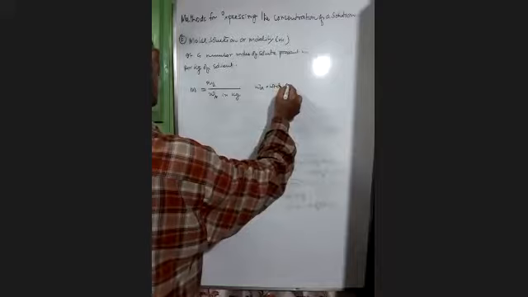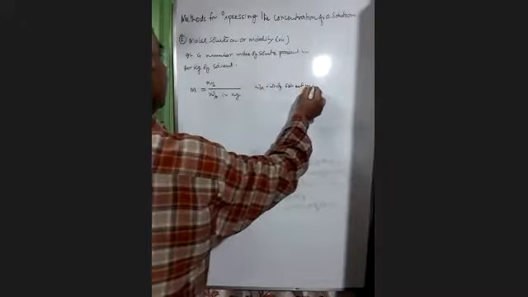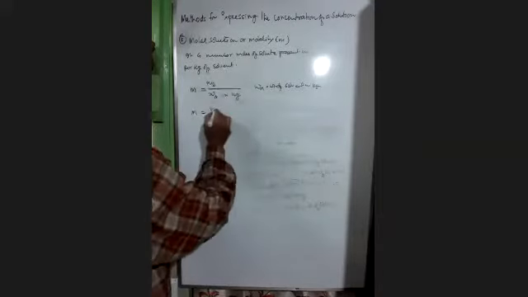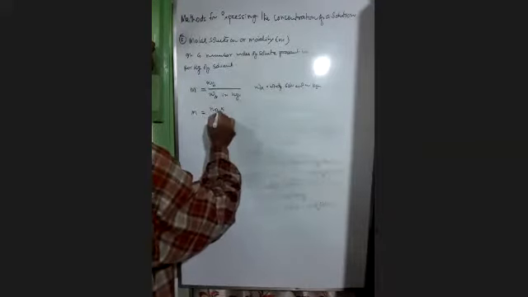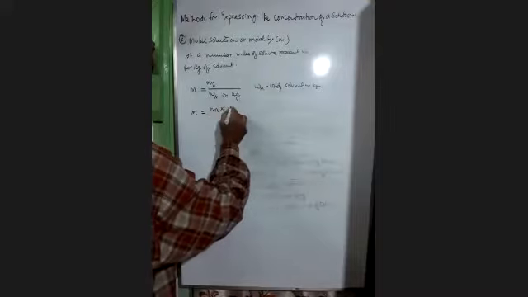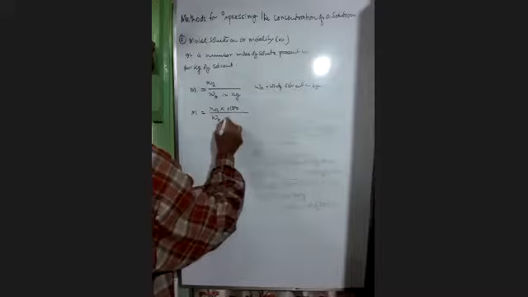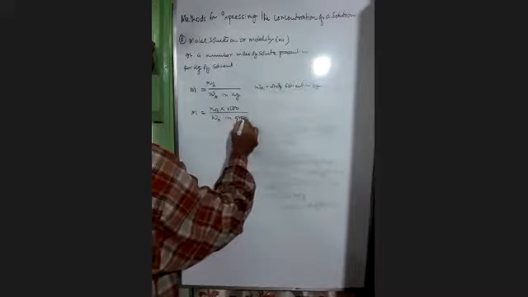Weight of solvent in kg. I'll convert it to gram. You divide it with 1000. 1000 will go to the top. Will be equal to what? nB into 1000 by WA in gram.